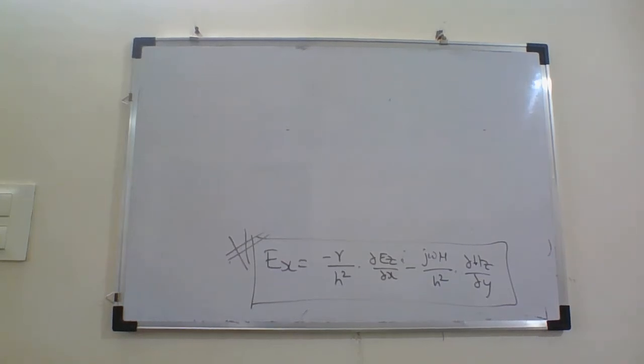Next, on similar lines, using the same concept, this we have done for Ex. If we do the same kind of analysis for Ey, Hx and Hy, I will get the following expressions.